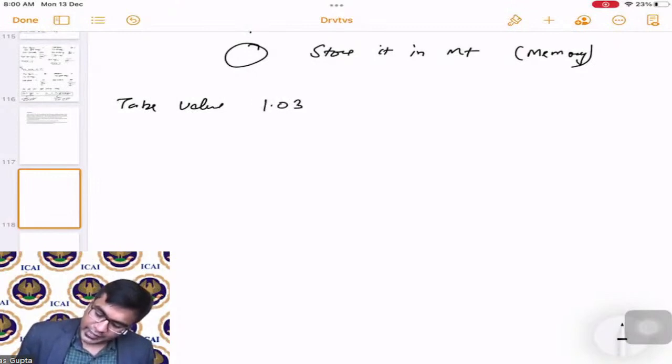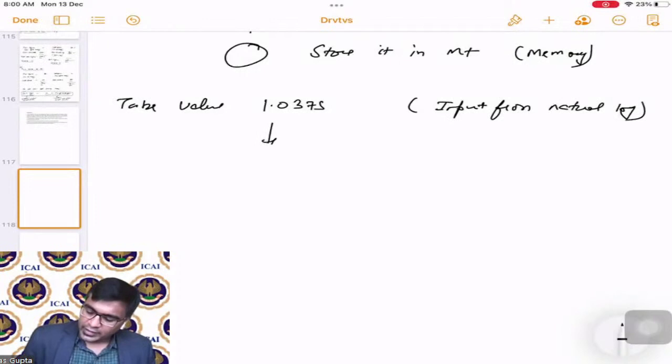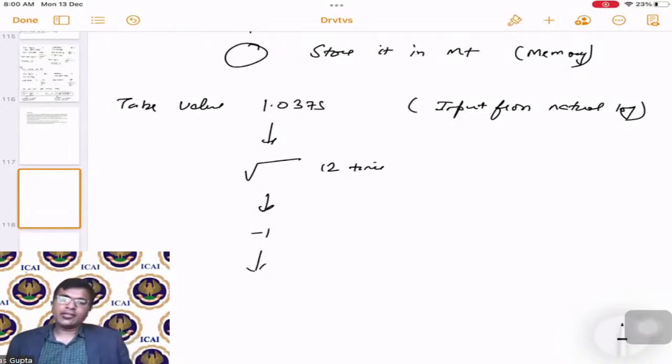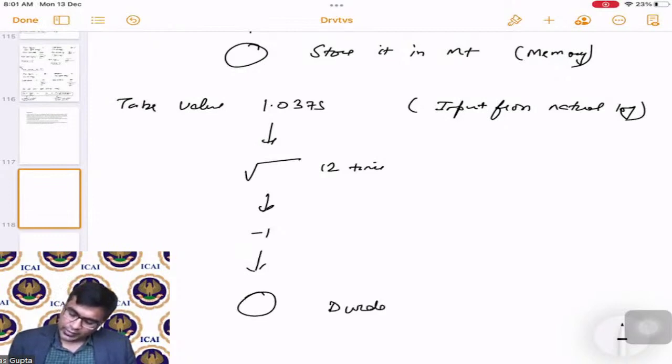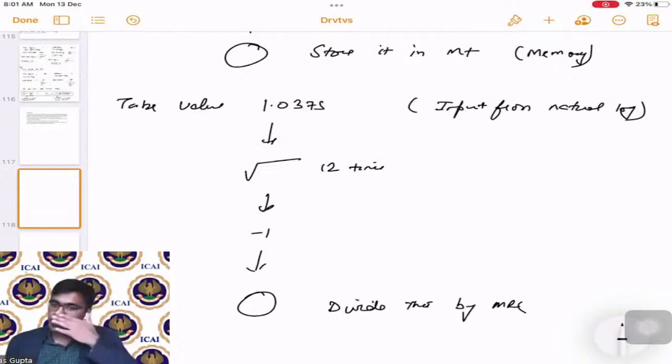Again do the square root 12 times on this value, again do minus 1, and finally whatever value comes out, divide it by the memory recall, MRC, whatever you have stored.